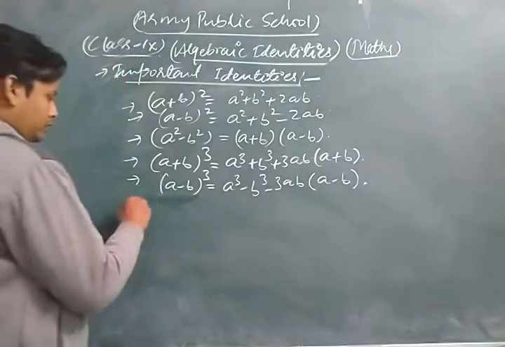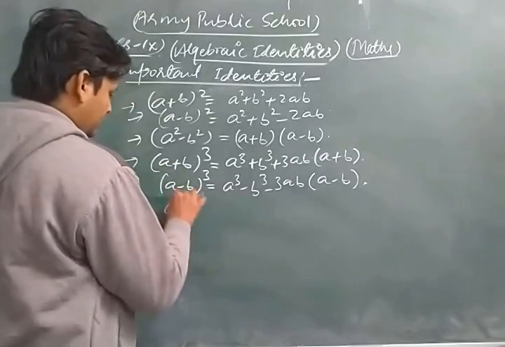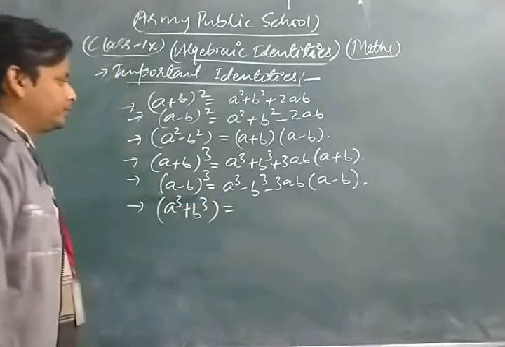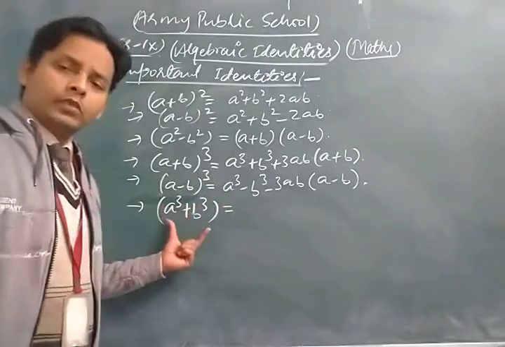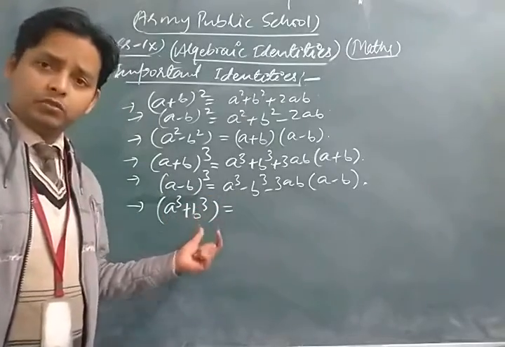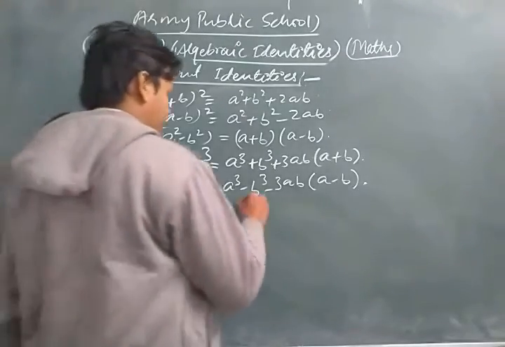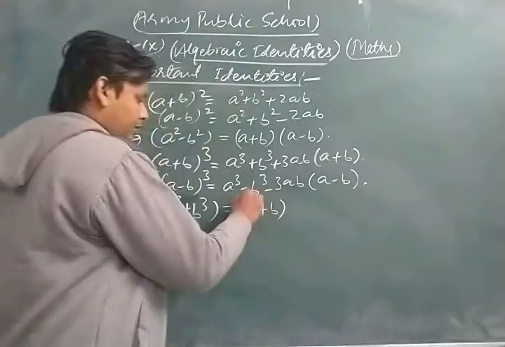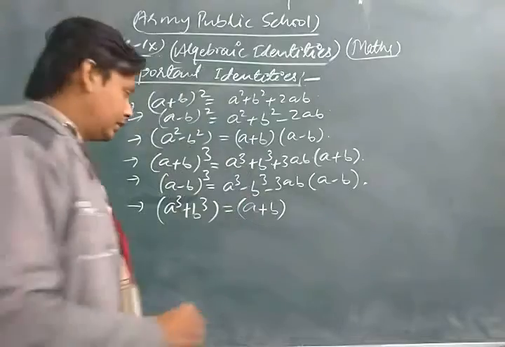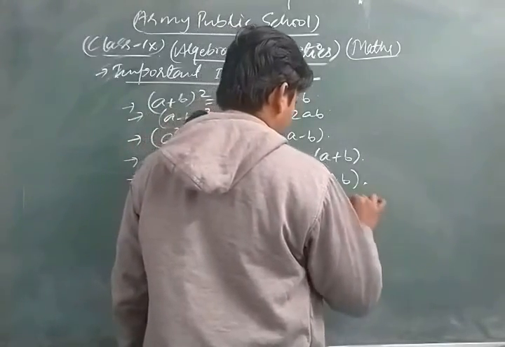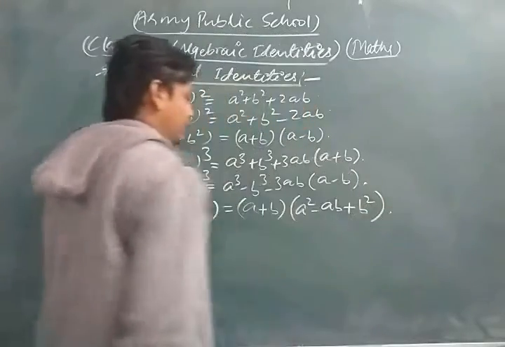Okay, now next one is A cube plus B cube. A cube plus B cube means A plus B in one bracket and in the second bracket A square minus AB plus B square.